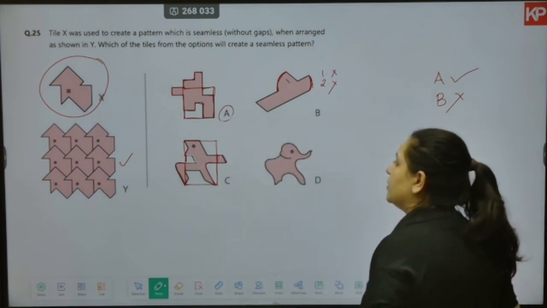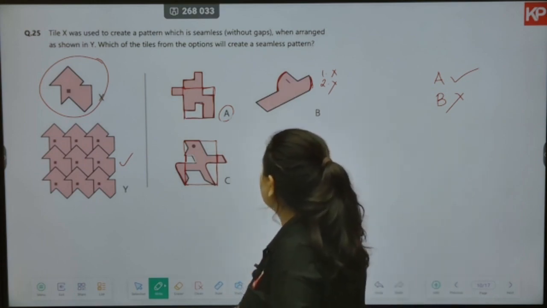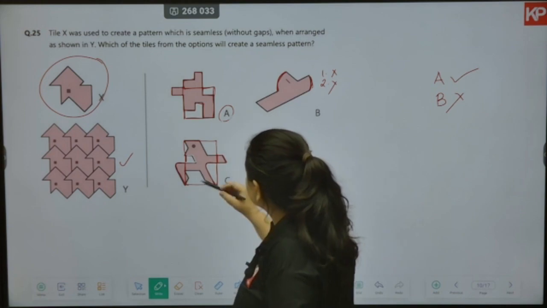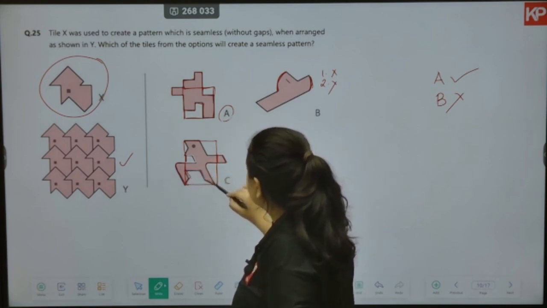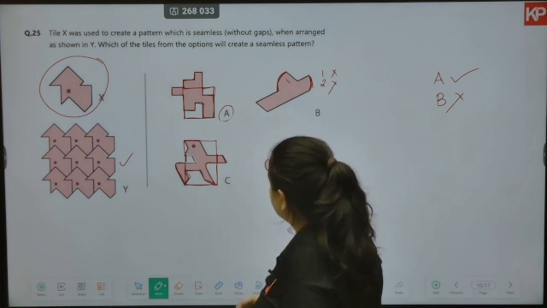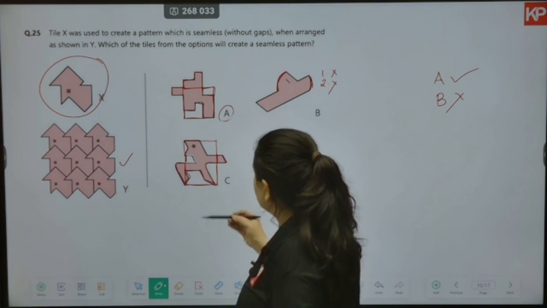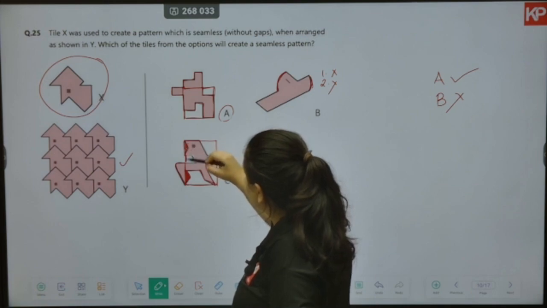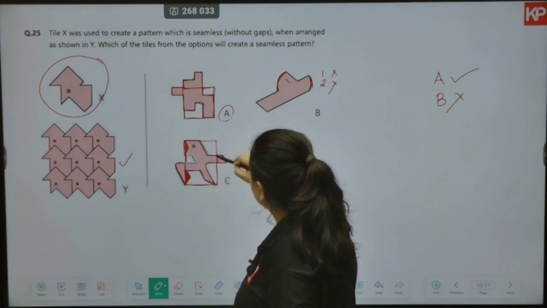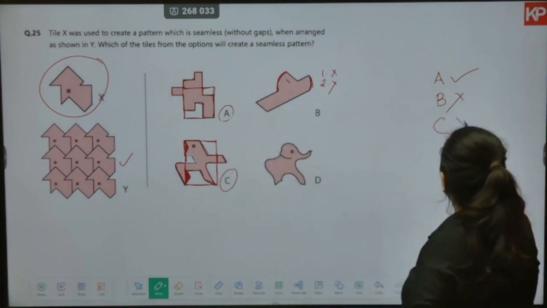So this may also be true with respect to tessellation. Now let's move ahead. There is a shape like this that is getting subtracted, but we do not have any similar shape which is getting added. For example, we can say that this triangle and this triangle are the same, but nothing similar with respect to this is getting repeated. So C is not going to tessellate.